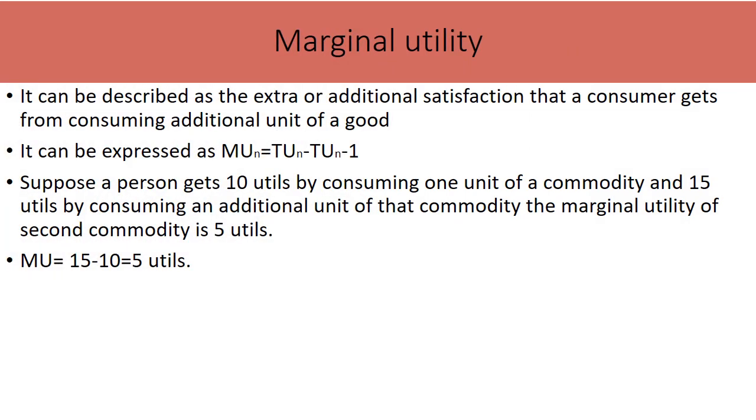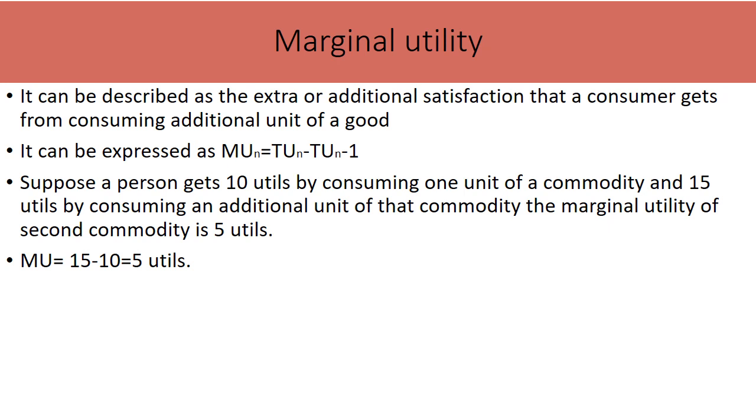And the last one, marginal utility. Marginal means extra or additional satisfaction. It can be described as the extra or additional satisfaction that a consumer gets from consuming an additional unit of a good.